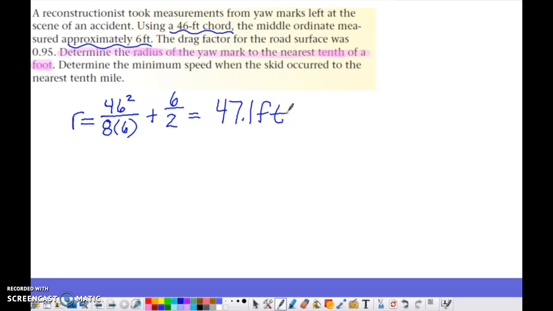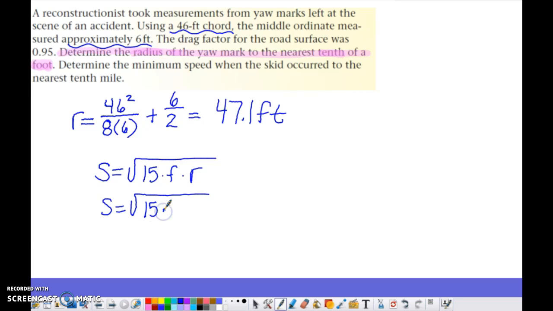Once I have my radius, I can then go ahead and determine the minimum speed of the car. So we say again, S equals the square root of 15 times the drag factor times the radius. Well here, the drag factor is 0.95.